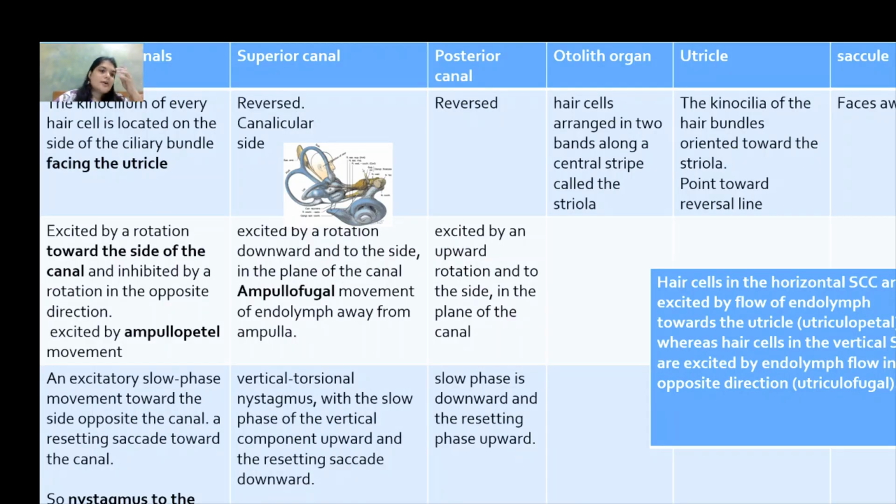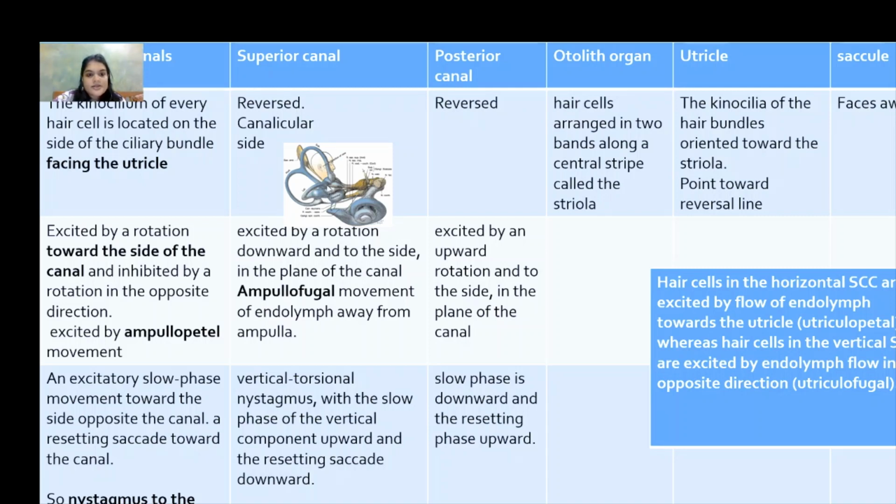Coming to the most important part, the location of the kinocilia and how each canal is stimulated. In the horizontal canals, the kinocilium of every hair cell is located on the side of the ciliary bundle facing the utricle. So you can see this is the horizontal canal.